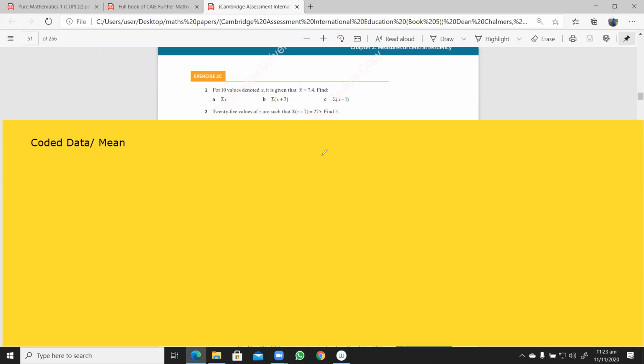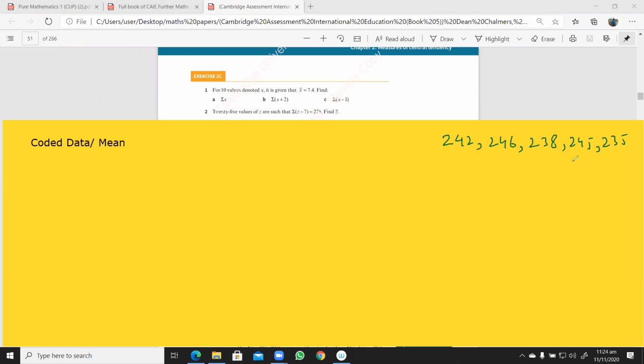Now suppose you have to find the mean of, let's say, 242, 246, 238, and let's say you have 245 and 235.